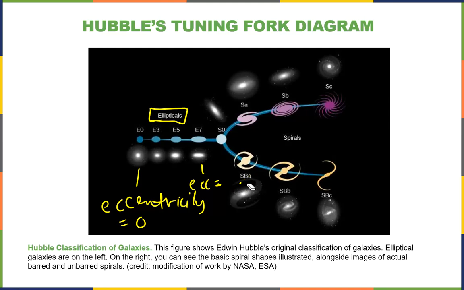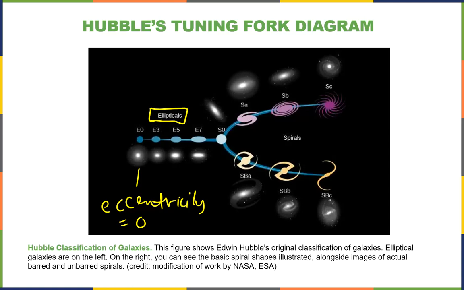And then we have, sorry, that doesn't fit, so I'm erasing it. Then we have two branches on the tuning fork. The reason he made it into a tuning fork shape was because you have the same type of variation whether you have a bar visible or not visible. And so he noticed that some of the spiral galaxies had a very tight winding to the arms, and some had a very loose winding.